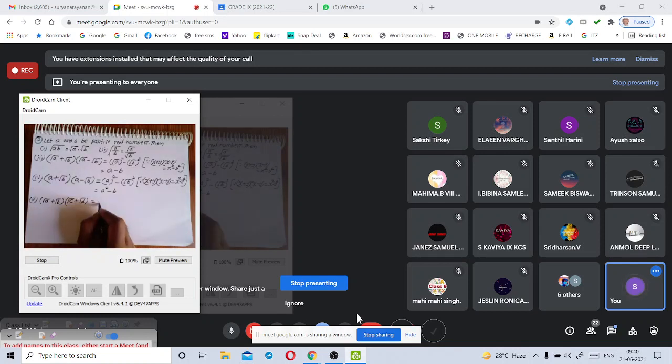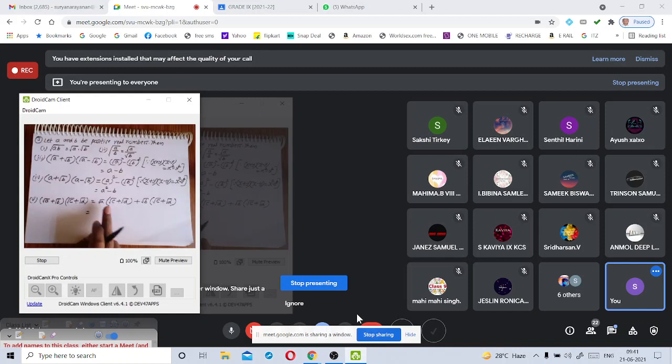Root a, take the first term, and we write the second expression as it is, root c plus root d, plus the second term in the first expression, that is root b into root c plus root d. Here I used the distributive property. Now, can you tell me how to multiply root a into root c plus root d?